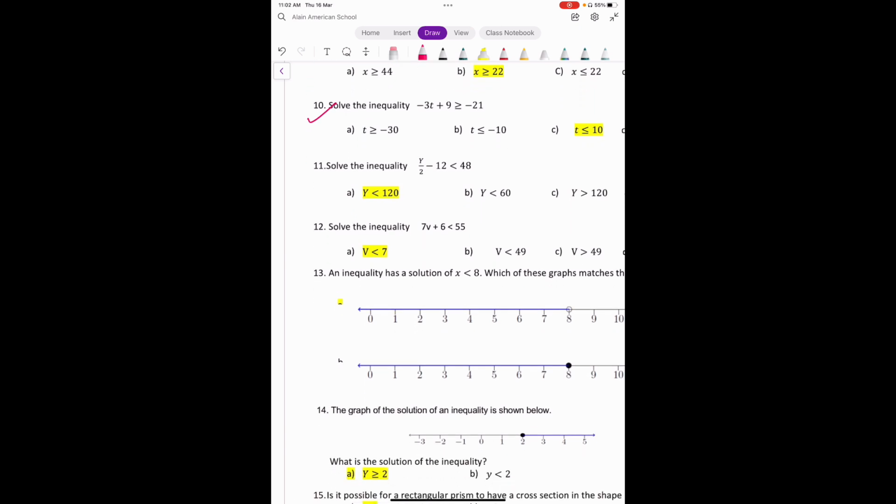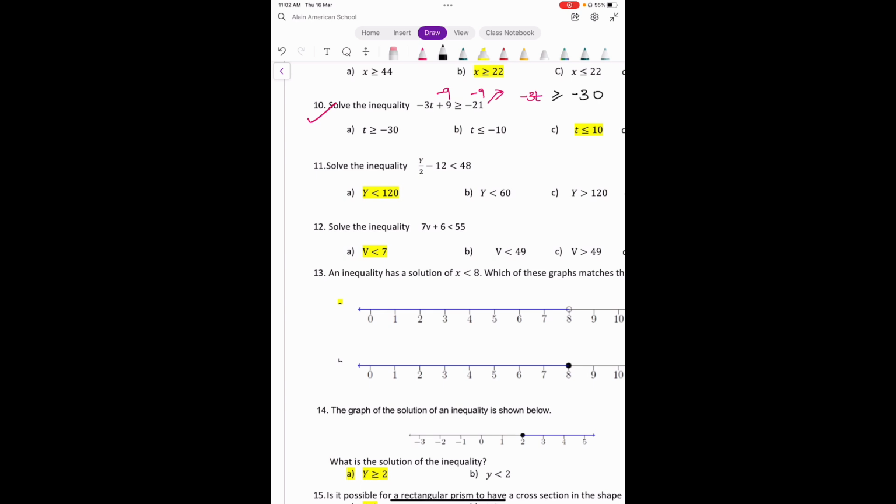The 10th one, again, applies the rule of reversing the sign. Negative 3t plus 9, so you subtract 9 from both sides, then it becomes negative 3t is greater than or equal to negative 30.